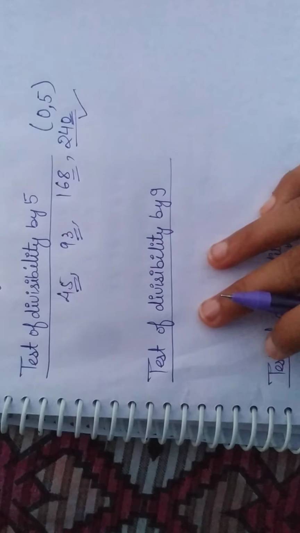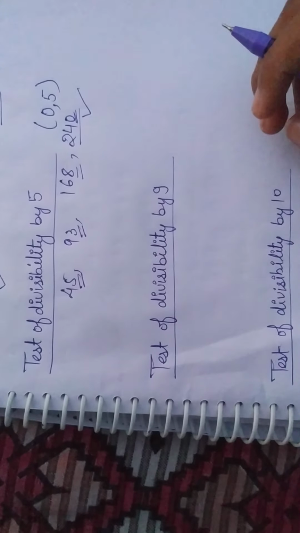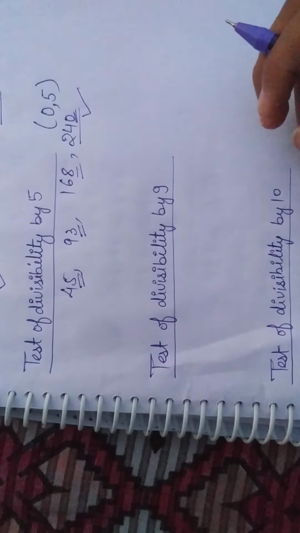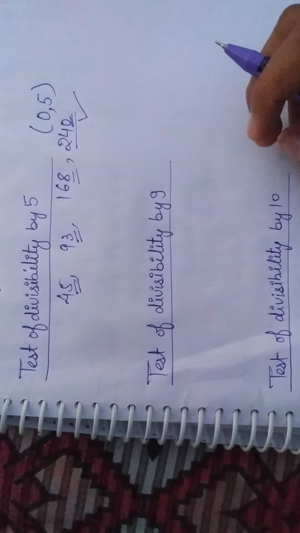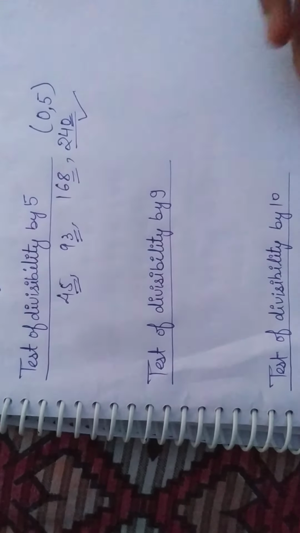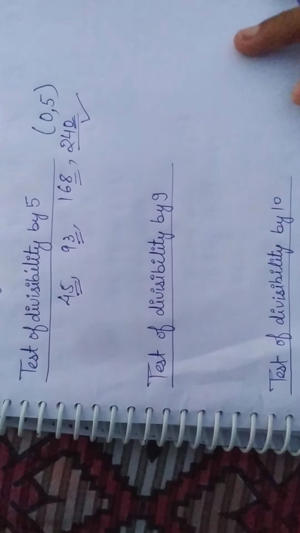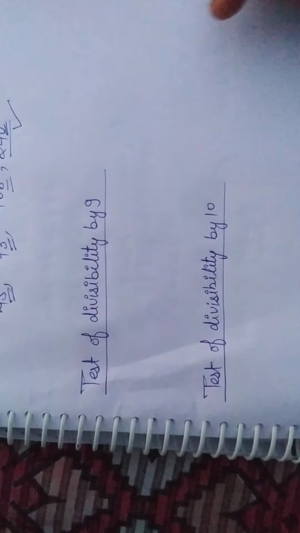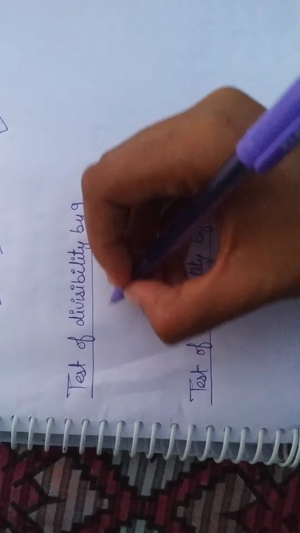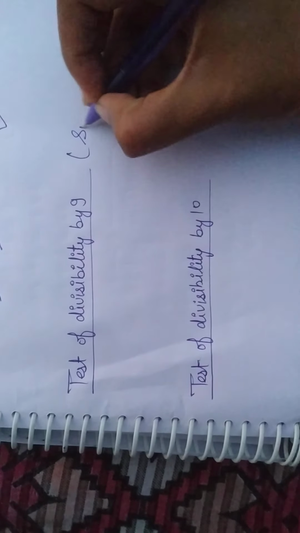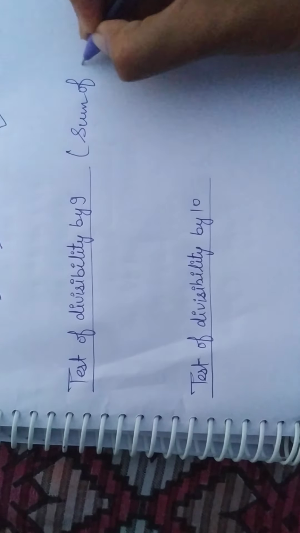Now for checking the divisibility test of 9, we are simply adding the digits. If sum of the digit is divisible by 9, then you can say the number is divisible by 9 as it is in 3. So suppose here I am writing some examples. Here also we have to add the digits. Sum of the digits must be divisible by 9.